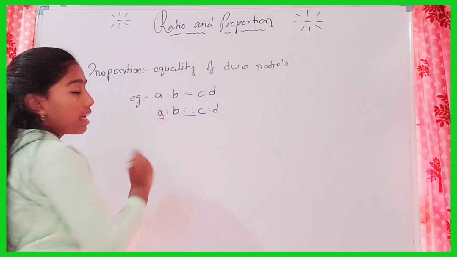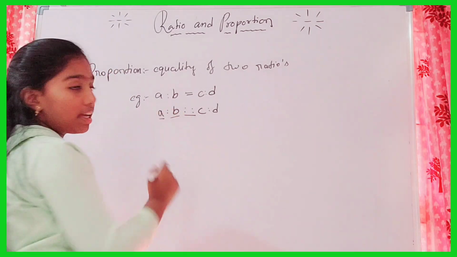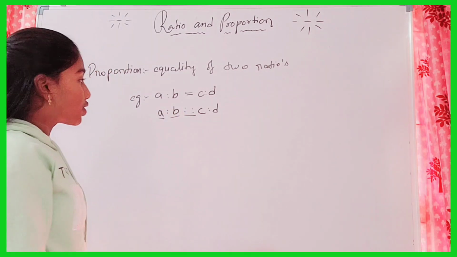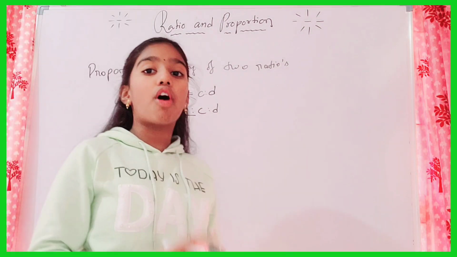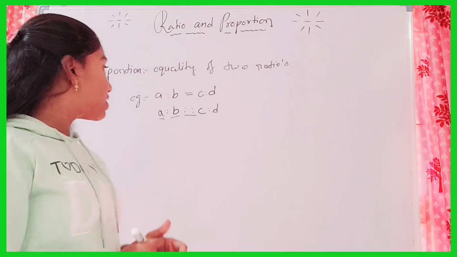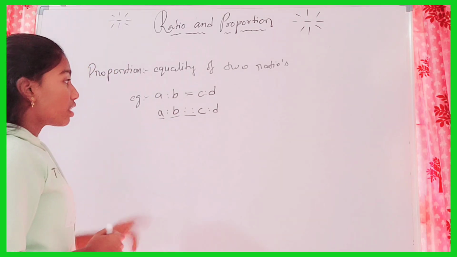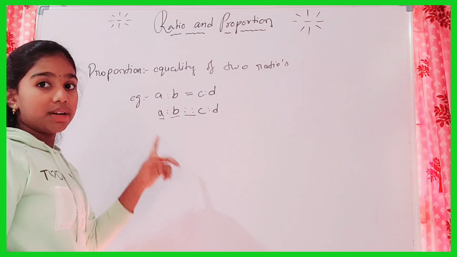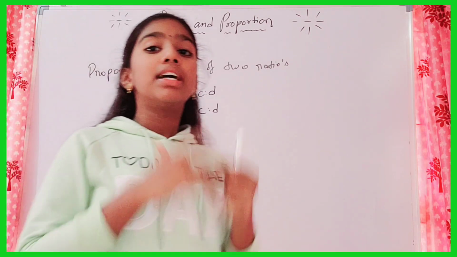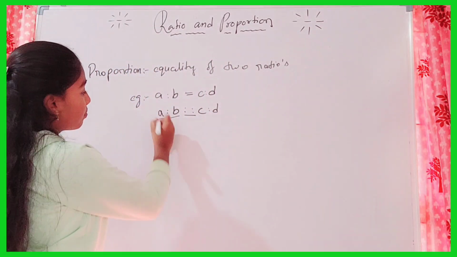Now let's see the terms of proportion. A is the first term of proportion, B is the second term, C is the third term, and D is the fourth term. These are the four terms of proportion. But they have some specific names.